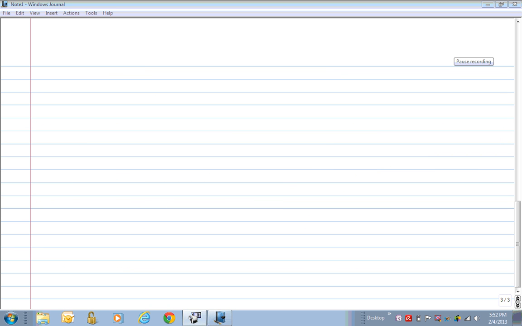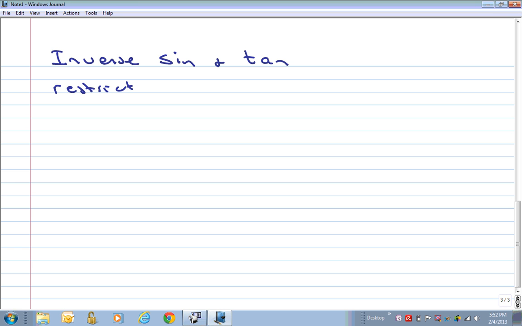Both sine and tangent are restricted to the same domain. So both inverse sine and inverse tan are restricted to negative pi over 2 to pi over 2. Often I look at it this way.